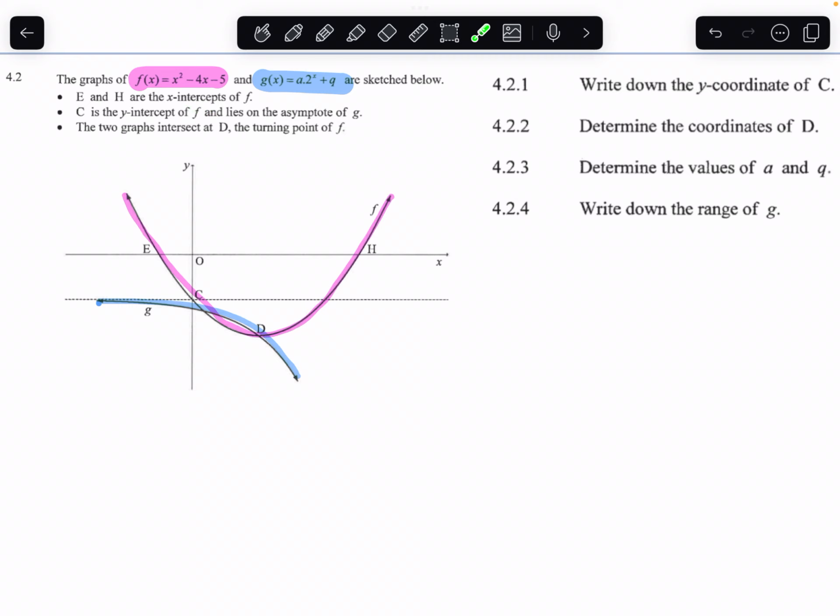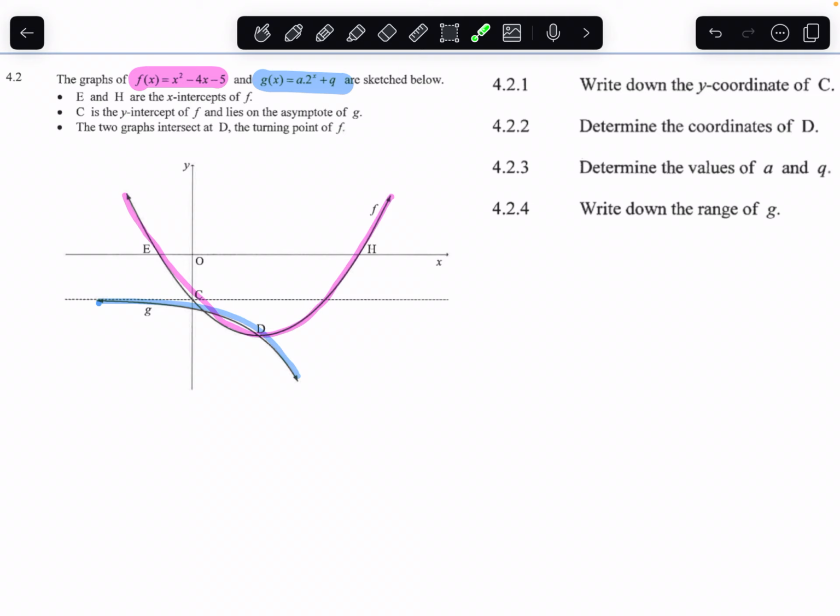C is the y-intercept of f and lies on the asymptote of g. Okay, the two graphs intersect at D, the turning point of f. Okay, lots of info. Let's get into it.